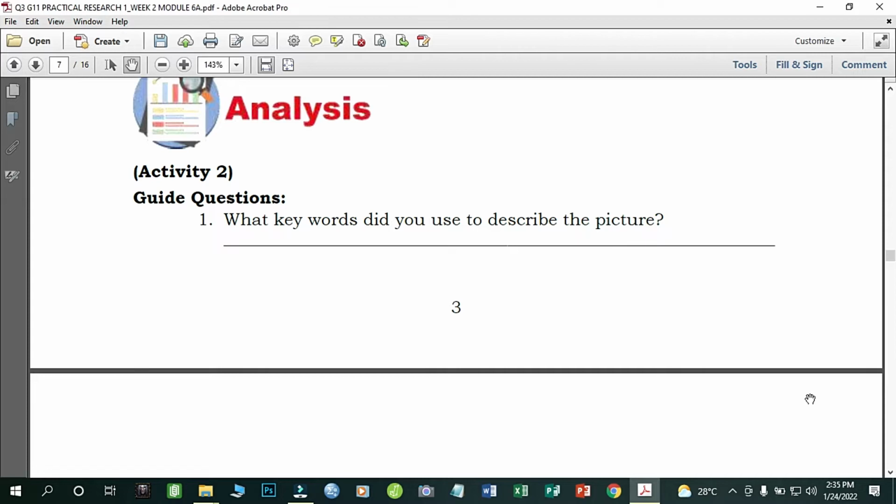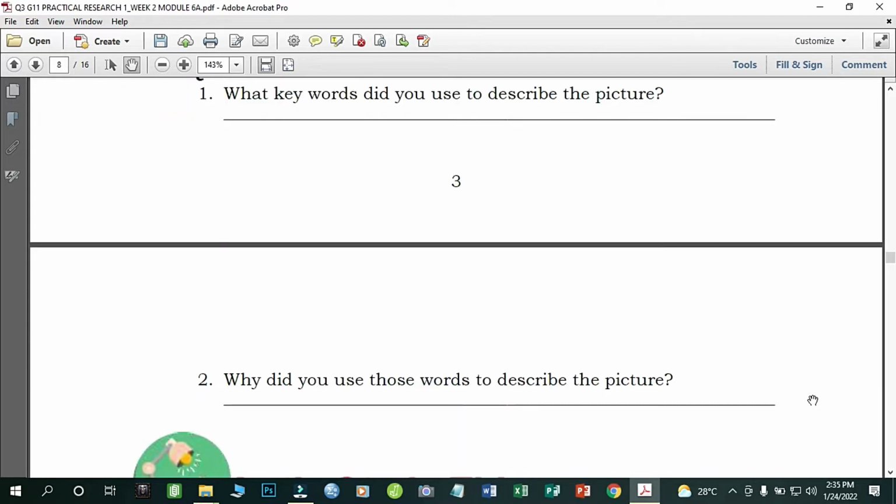For analysis, what keywords do you use to describe the picture? And for question number 2, why did you use this word to describe the picture?